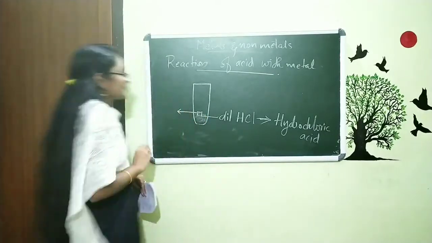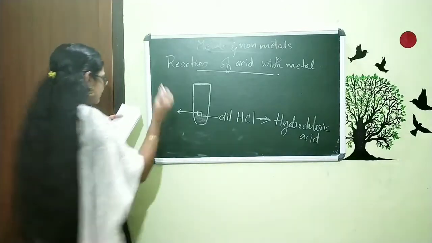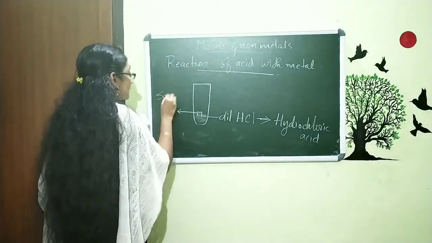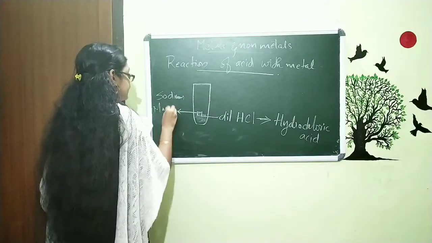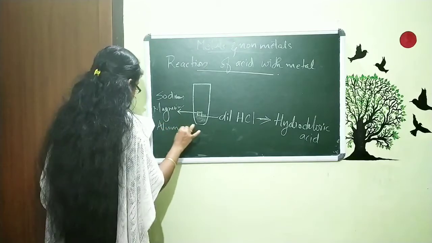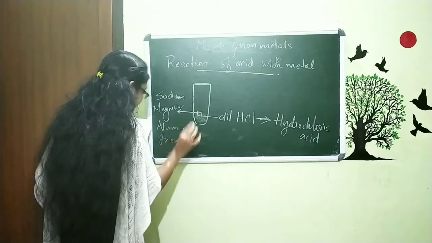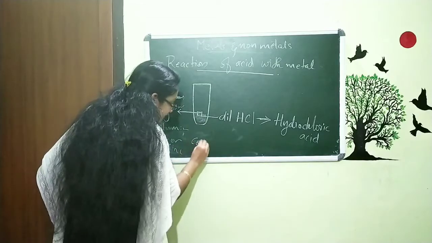And for this experiment, we want to collect different types of metals. The metals are sodium, magnesium, aluminium, iron, zinc, copper.